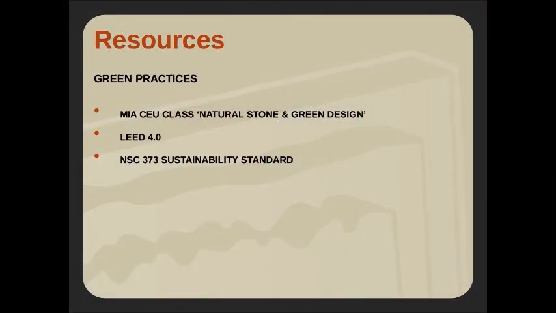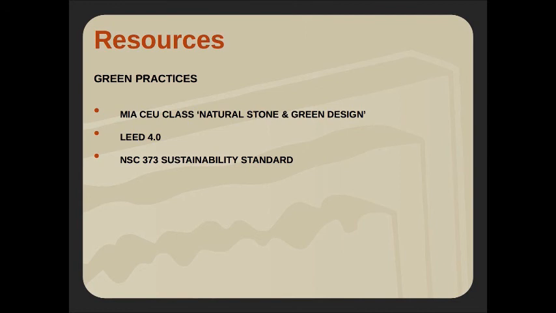So also, as most of us are involved in a green project, a LEED project, sustainability issues just in general, there are some great resources. We've got our course, the Natural Stone and Green Design CEU presentation. That's a nice resource on how stone fits into this. LEED 4.0, stone fits into a number of the material and resource requirements, indoor air quality, and so forth.